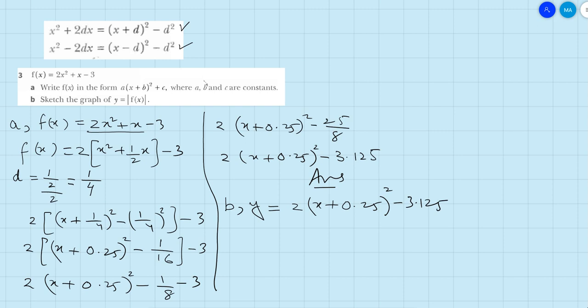First, we have to write the coordinates of the maximum or minimum point. Here a is 2 and 2 is greater than 0, so we should have a minimum point.